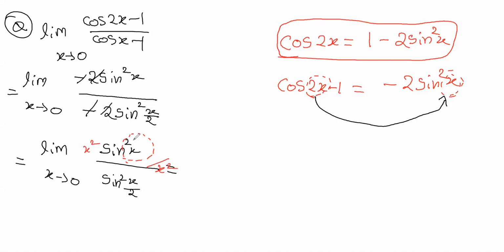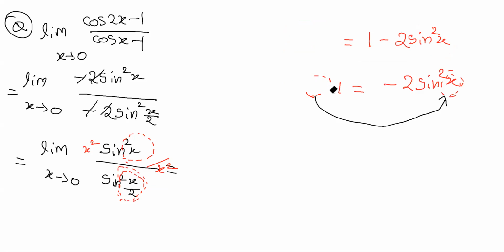In the denominator, what is in the angle? x by 2. We will separate this, so note down this formula: cos 2x is 1 minus 2 sin square x.